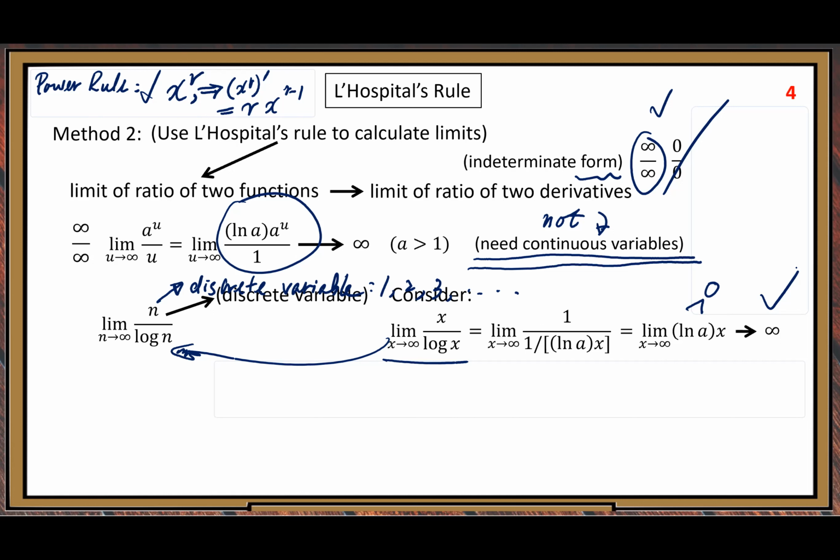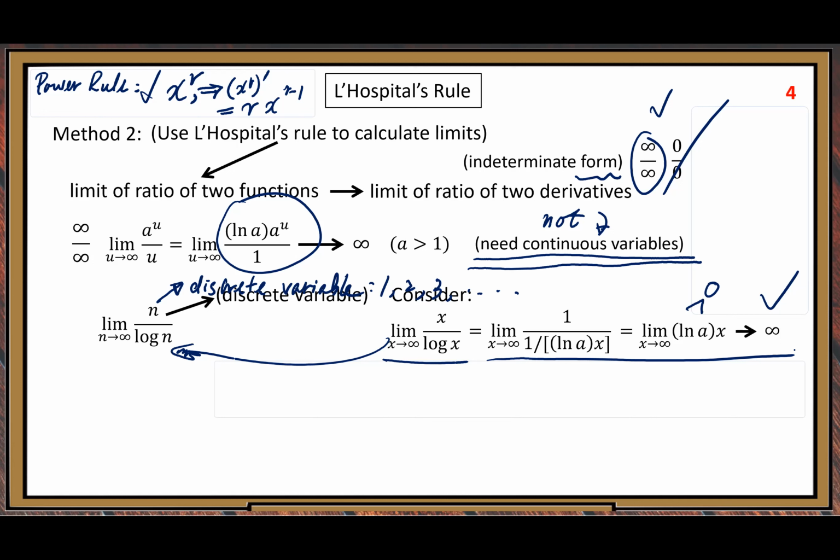Another question. Our last question to answer. We want to make a conclusion, but you need to explain why, after you get this continuous variable version limit, you can make a conclusion on the discrete variable version.